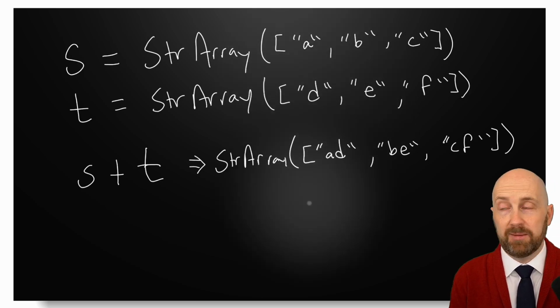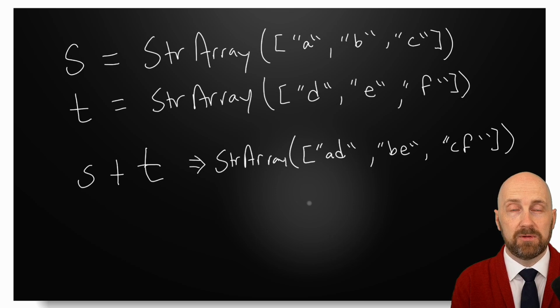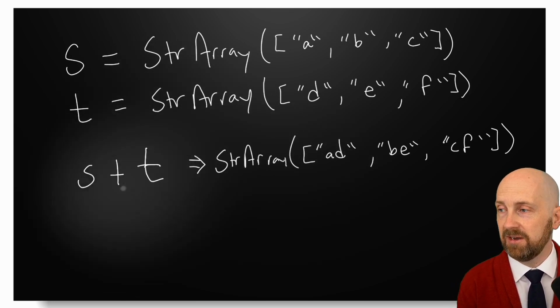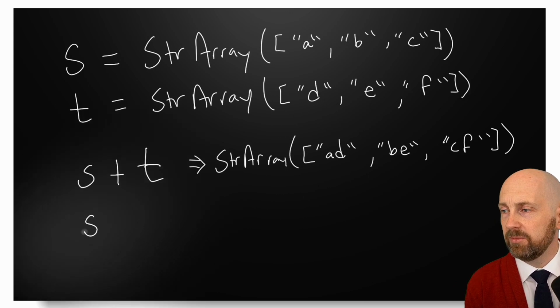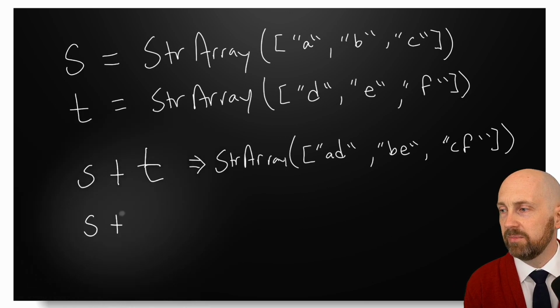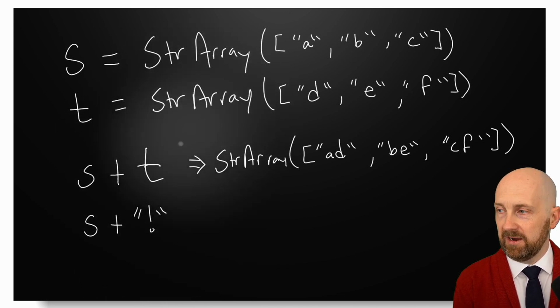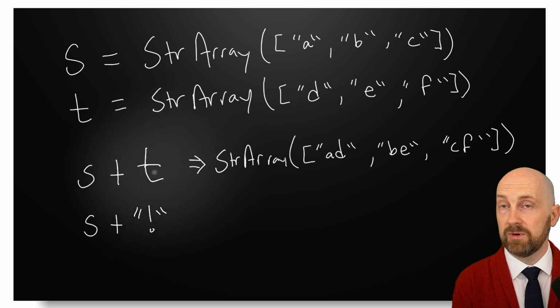So that might be one operation we would like to be able to carry out with this addition sign. What if we also wanted to make it possible to say something like S plus an exclamation point? Notice that T's type was a StrArray, so we're adding a StrArray to a StrArray.